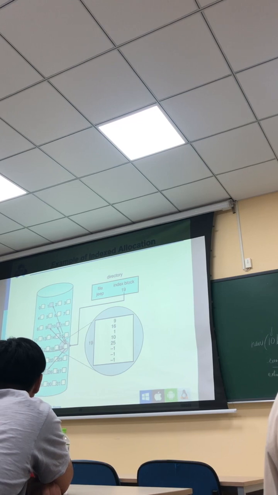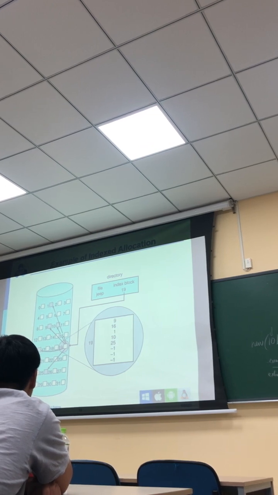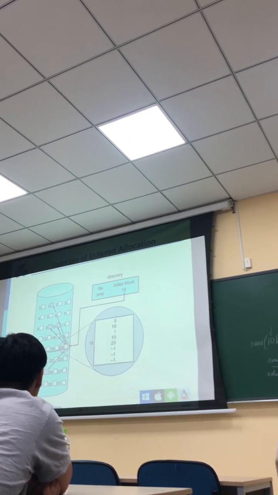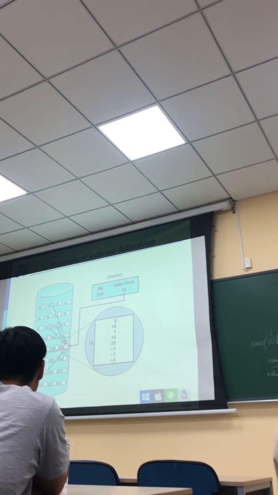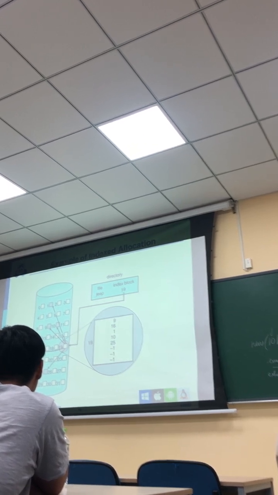Where does the internal fragmentation take place? The index block. Why? You see, we must use a block to contain this information. So if we have a very, very small file, for example, with only 2 entries.